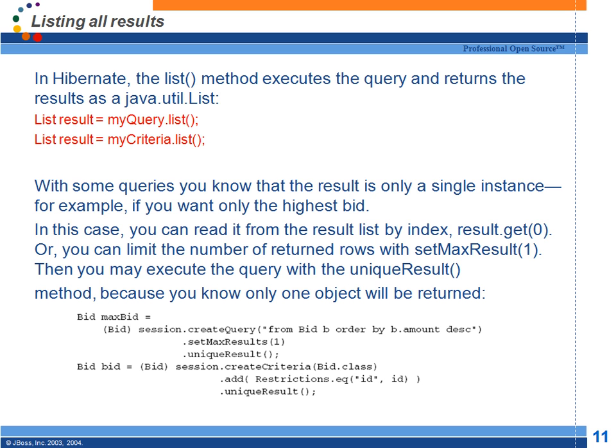Whenever you are expecting only one object as a result of your query, you can call query dot unique result, which will return an object. If you say query dot list, you will get a list with only one object in this case, right? So understand when to use query dot list and when to use query dot unique result.